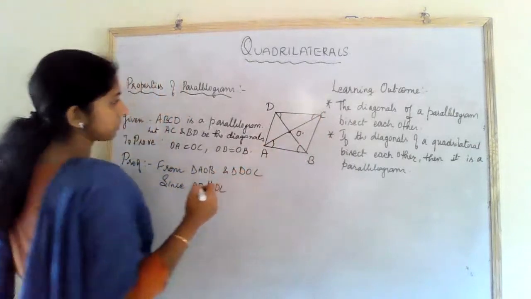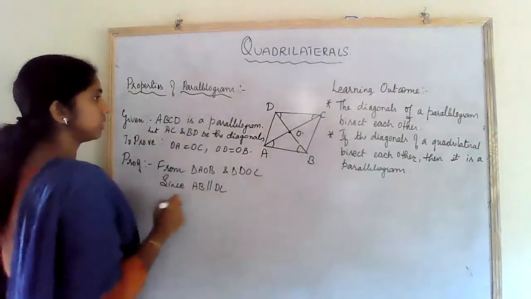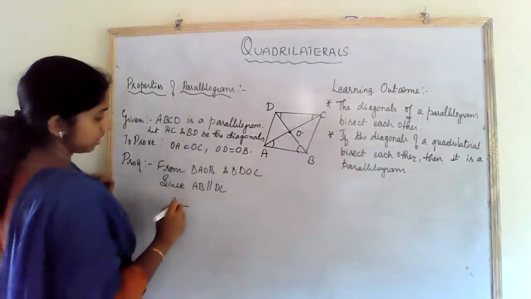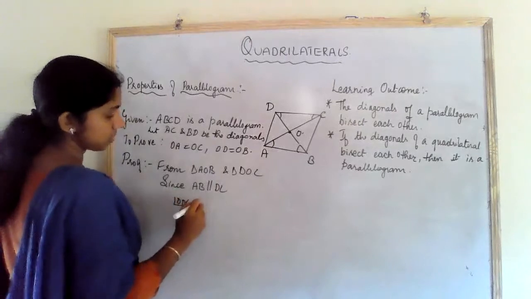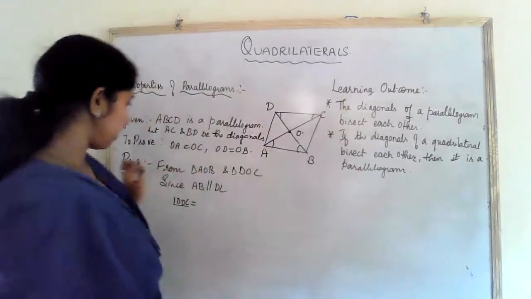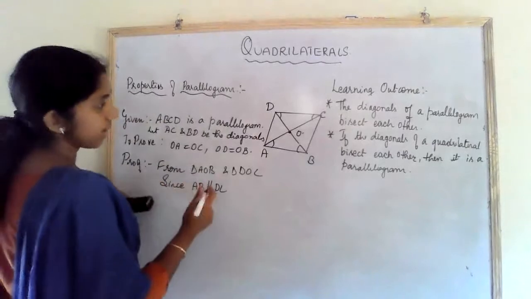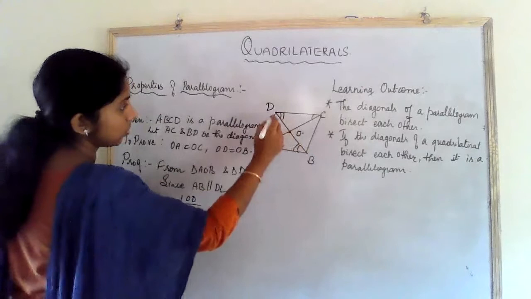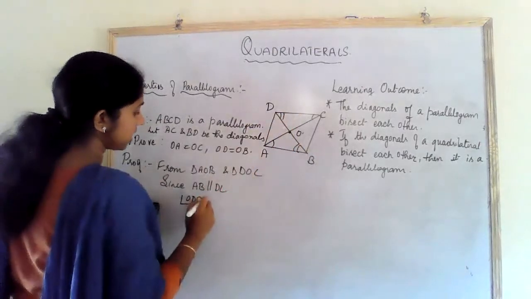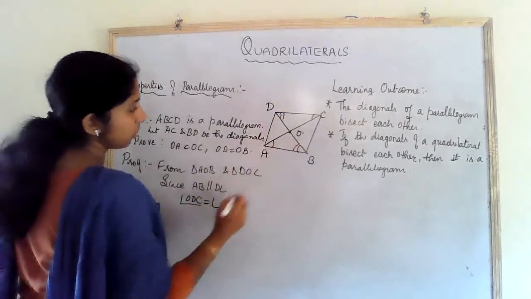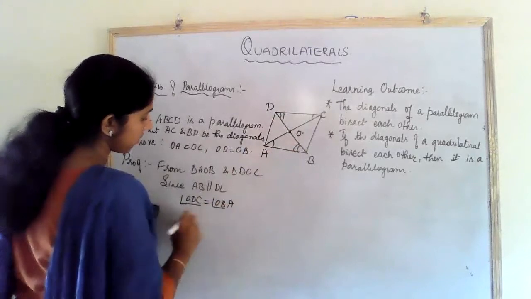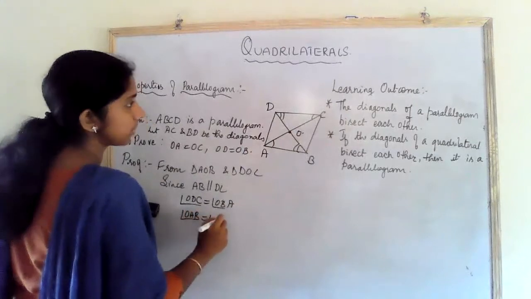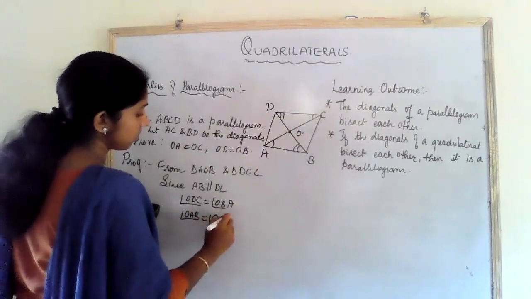So we have angle ODC equal to angle OBA, and angle OAB equal to angle OCD.